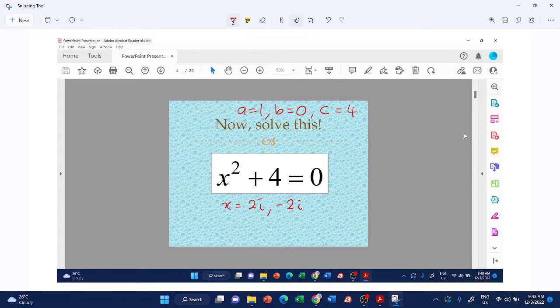That is a real number solution. So the solution we got earlier, x equal to 2, is a real number solution. But now we have the i symbol. So the type of solution is a complex number solution. It is easy for us to identify a complex number using this small i symbol. So this means that we are going to work with complex numbers.